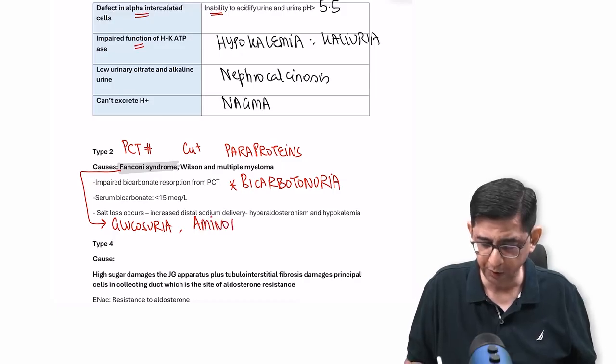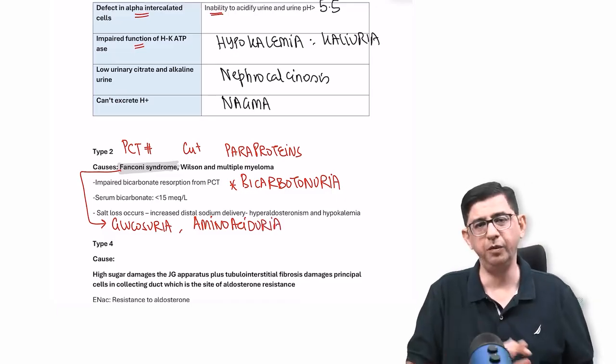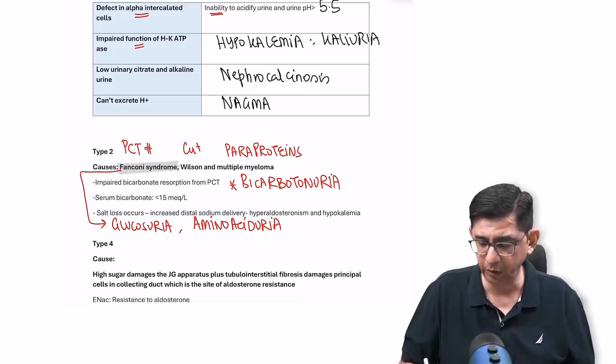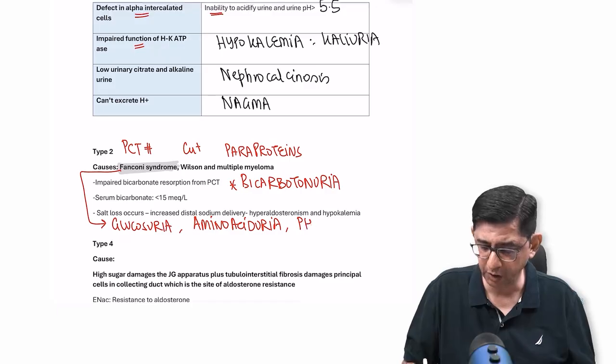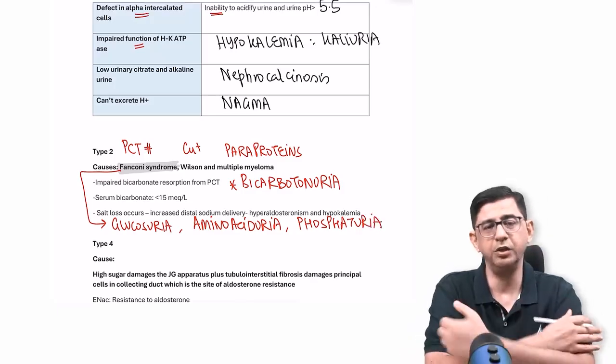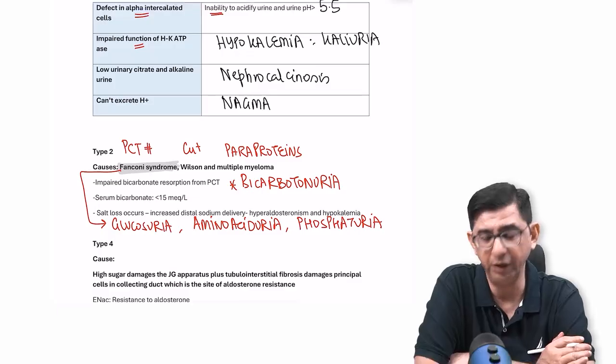Don't mix this topic with Fanconi's anemia. That is aplastic anemia, totally a separate thing. It is Fanconi's syndrome where glucosuria, amino aciduria, phosphaturia, bicarbonaturia, those are the kind of words written for various products which are absorbed from the proximal tubule, that would be given.